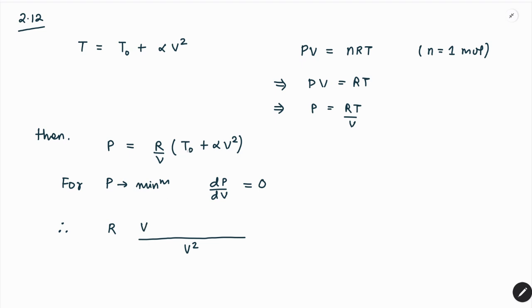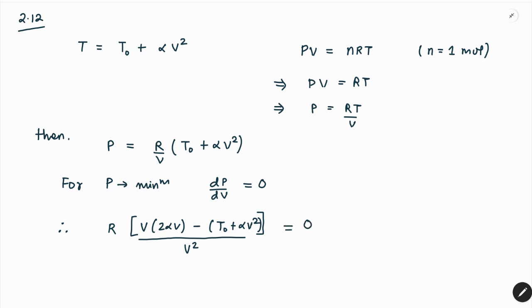On differentiating the numerator, the derivative of T naught is 0 and alpha V square gives us 2 alpha V. Then we differentiate the denominator, fixing the numerator, with a negative sign. R is already kept constant outside this box, and dV by dV is 1, so we get an equation like this.